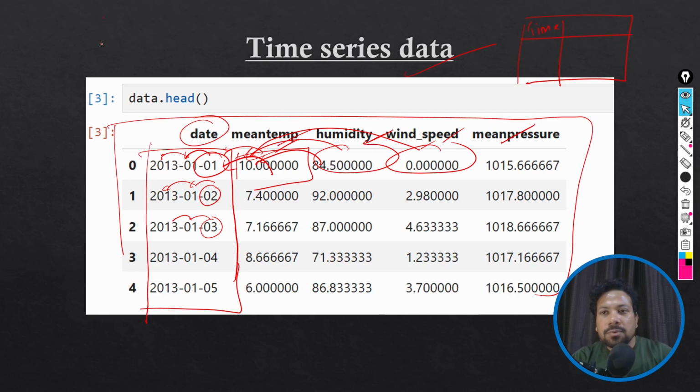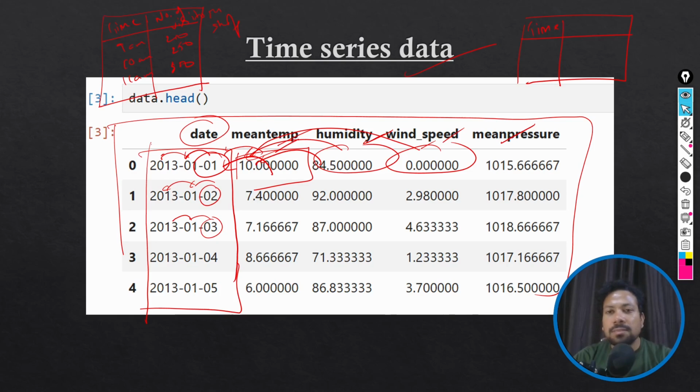For example, let us suppose you get data in which one column is time and one column is the number of visitors in your shop. Now at 9 a.m., suppose you have 200 visitors. At 10 a.m., you have 250 visitors. At 11 a.m., you have 300 visitors. So this kind of data also comes under time series data.